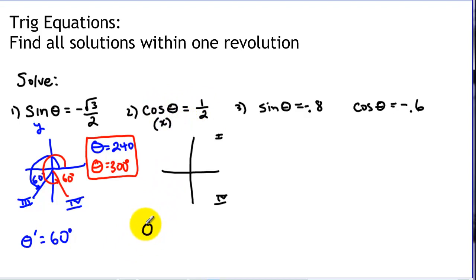So again, our reference angle is 60 degrees. So again, I can draw a 60 degree angle here. Now in this case, the reference angle and the angle is the same. So one of our answers here is 60 degrees. That's our quadrant 1 answer. And we need a quadrant 4 answer with 60 degrees. And that angle would be 300 degrees.